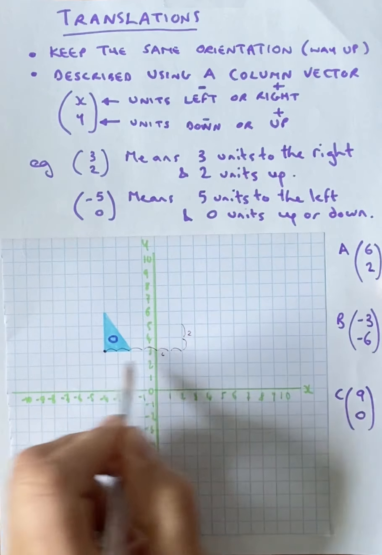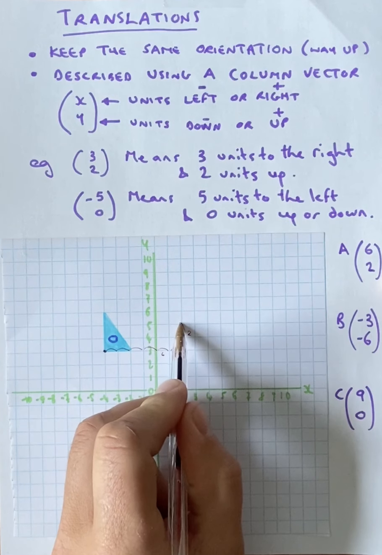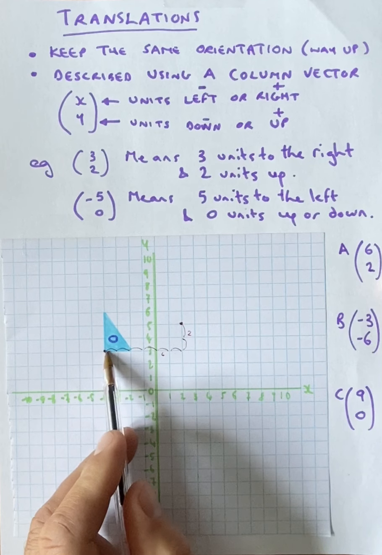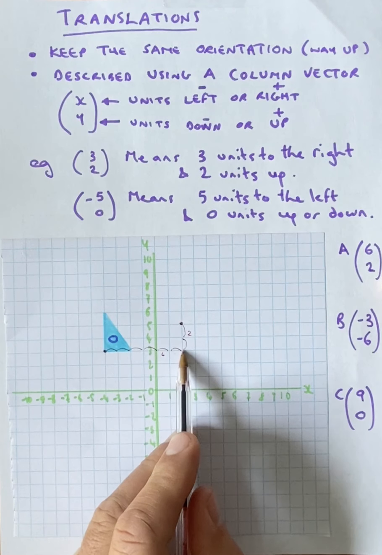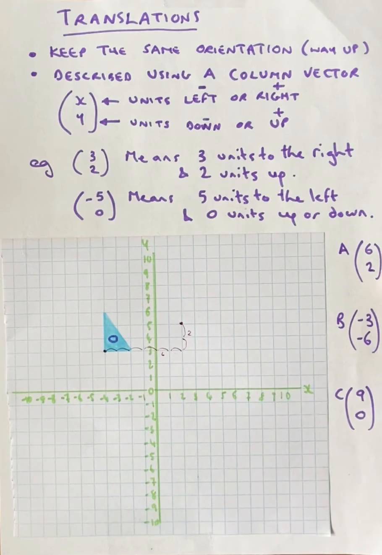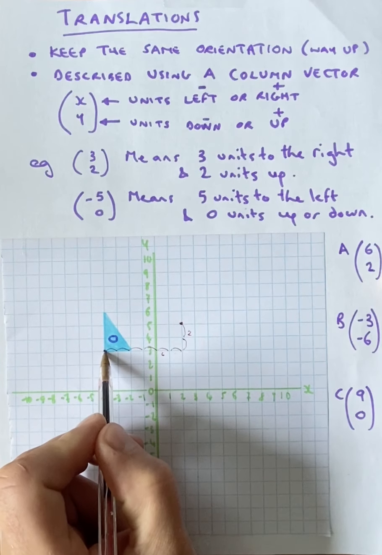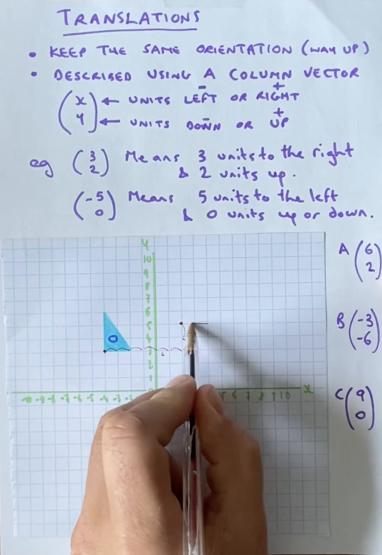Now you might not need to draw these on once you're used to it, but hopefully you can see that that's the movement that that point has taken to get to its new position. And now what I have to do is be very careful to draw the shape from that point in exactly the same orientation that it was originally. So if you look, that was the bottom left hand corner of my right angled triangle.